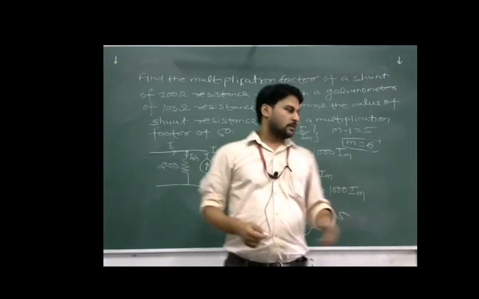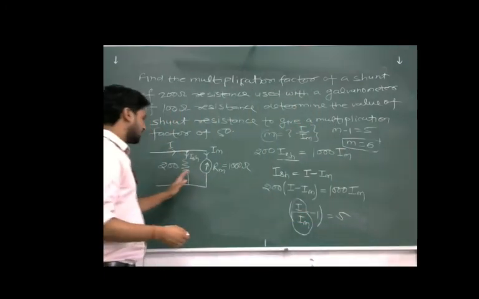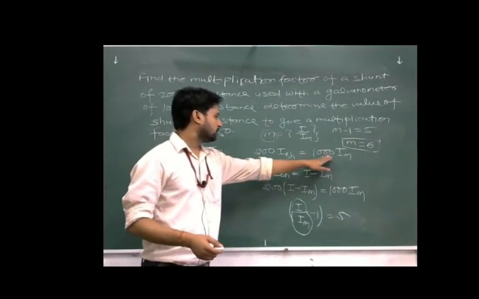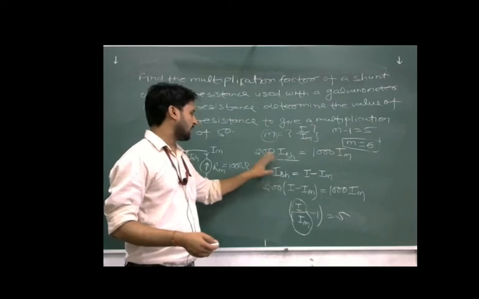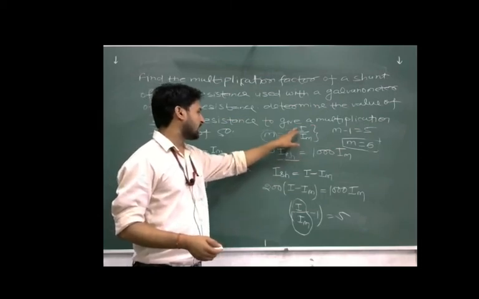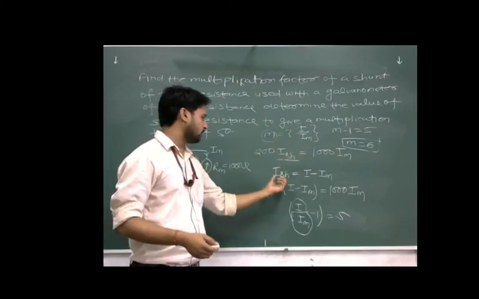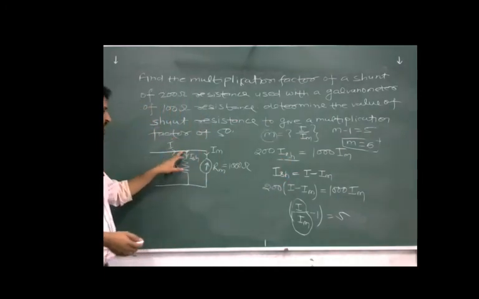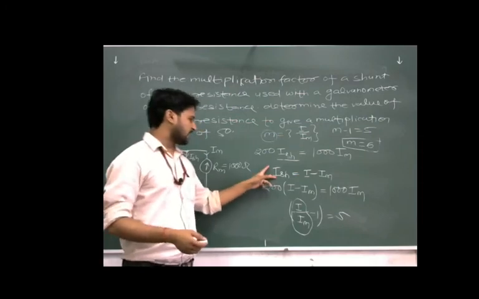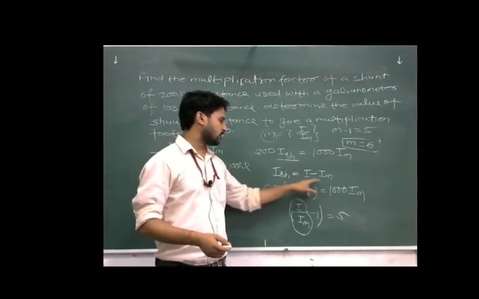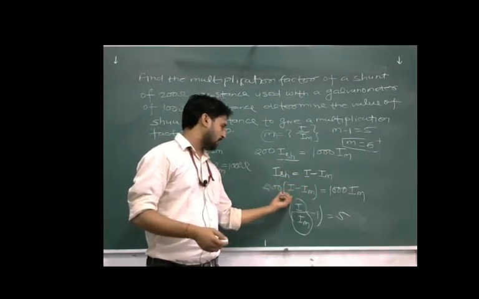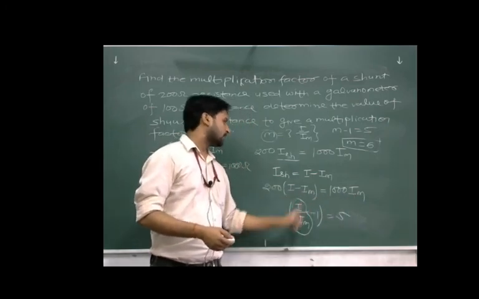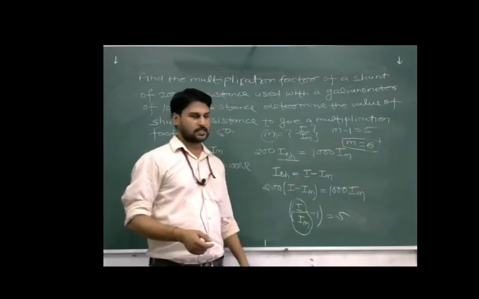So both the voltages are equal, and then because ISS is not there in the ratio, I have to remove this ISS, so we can apply KCL here in this node. By applying KCL we can write that ISS is equal to I minus Im, put the value of ISS, divide both sides by Im, we will find the value of m as given here.